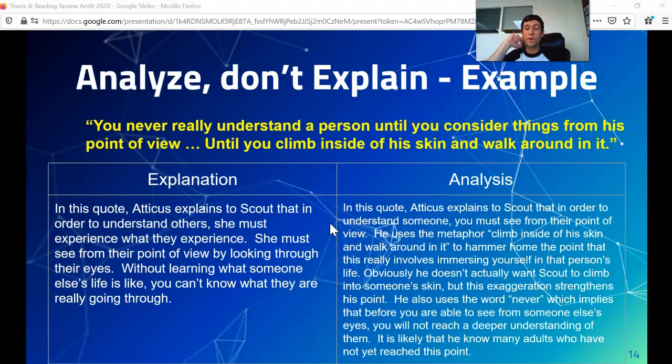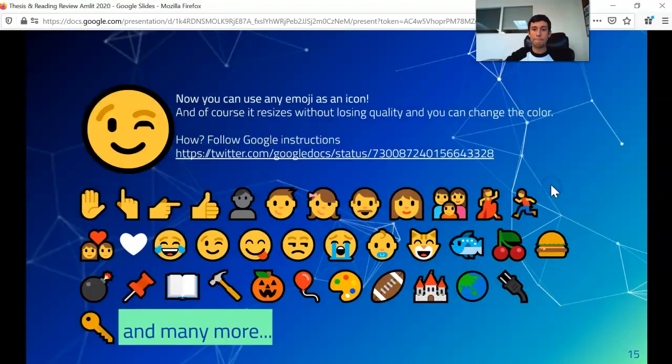He also uses the word never, which implies that before you're able to see from someone else's eyes, you will not reach a deeper understanding of them. It's likely that he knows many adults who have never reached this point in their own lives. So there you can see that the analysis is picking specific words and discussing how they're used and discussing what that implies about the larger meaning of this quote.